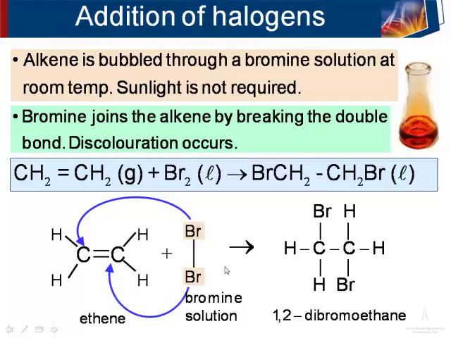The bromine solution, which was a brown color, would discolor as it would lose its brownish color since the bromine is no longer present in solution and it is attached to the ethane. So this could be used as a test to see whether a double bond is present.